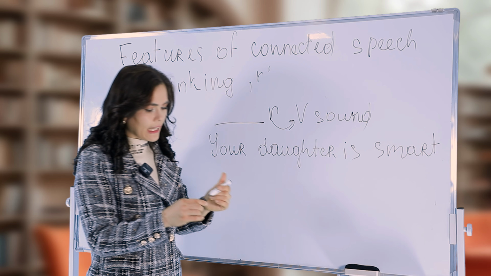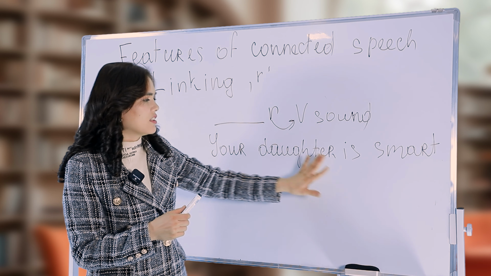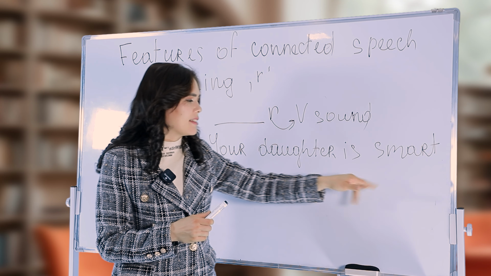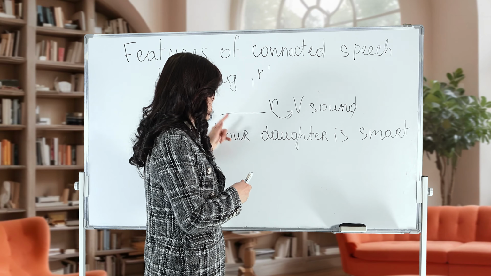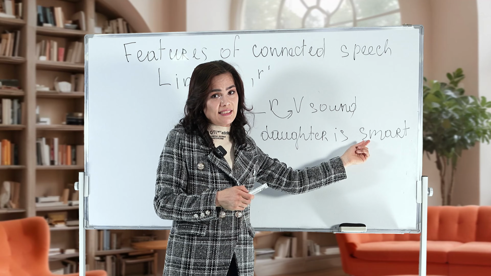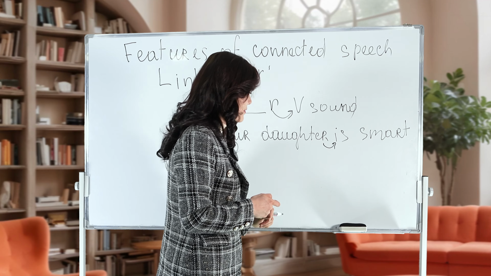So, let's analyze it. If you pronounce it individually, your daughter, daughter is smart. But when you pronounce it in fluent speech, your daughter is smart. Your daughter is. Here you can see linking R in that case.